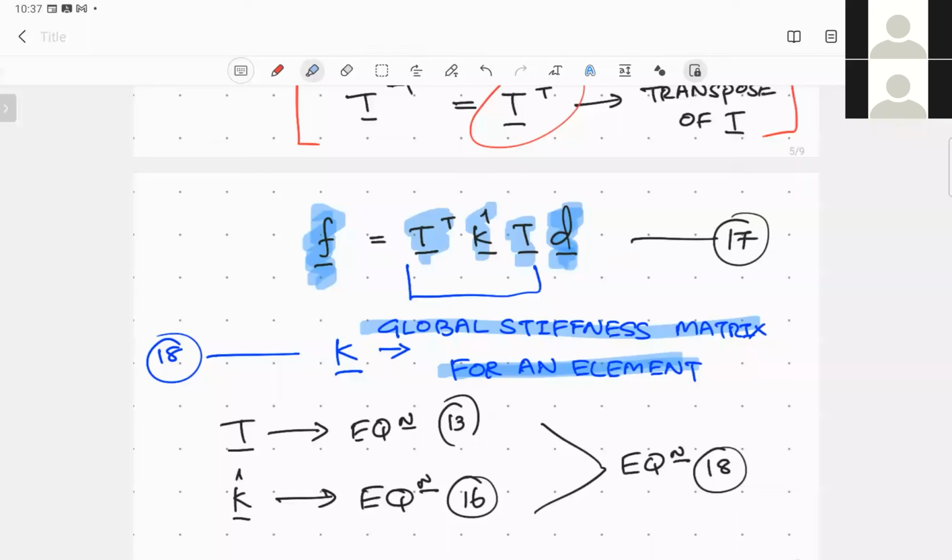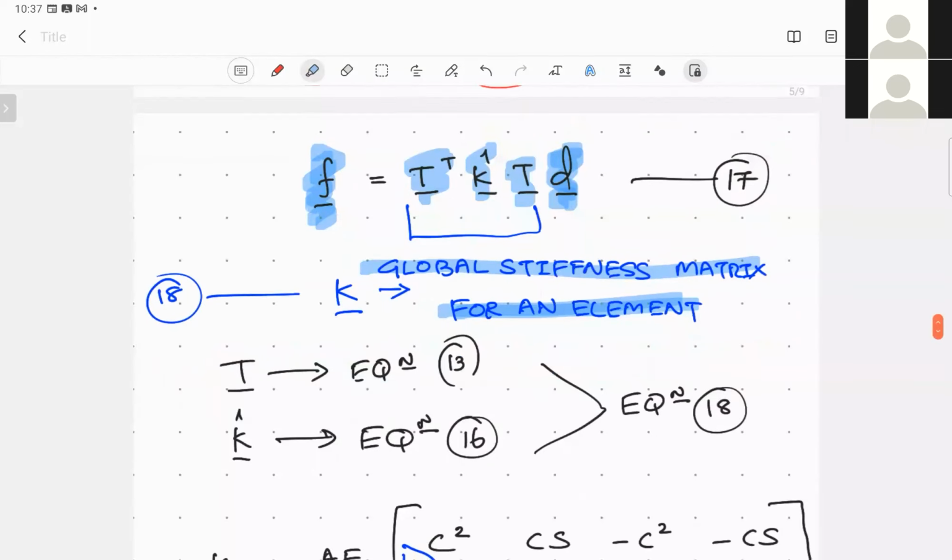Sorry, we have moved from the local coordinate stiffness matrix for an element in the local coordinate system to the element stiffness matrix for an element in the global coordinate system.